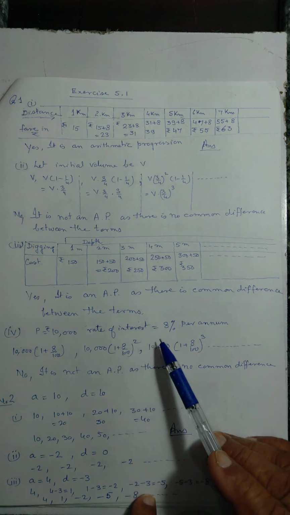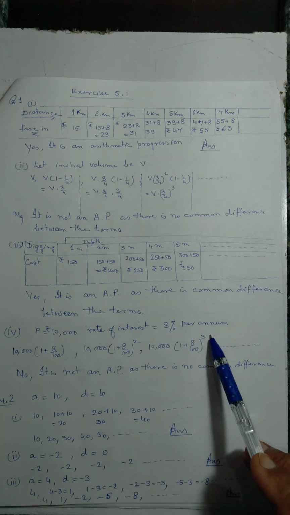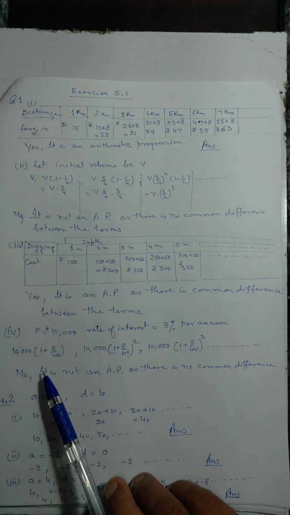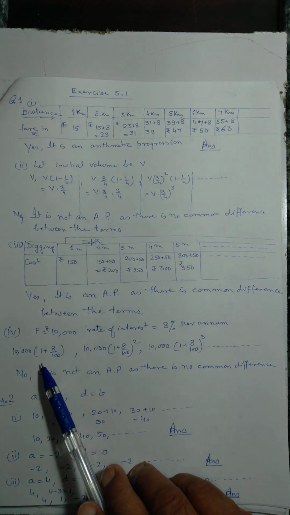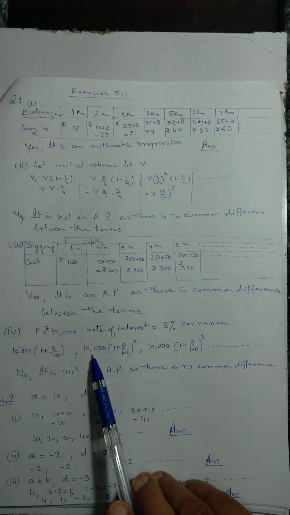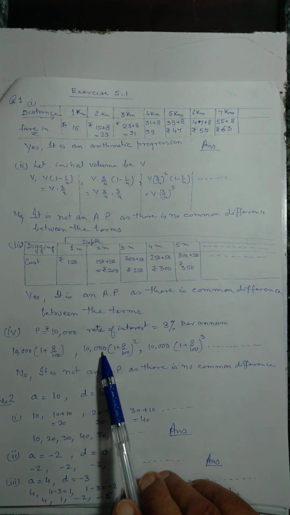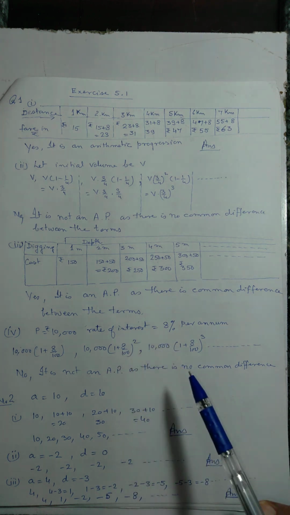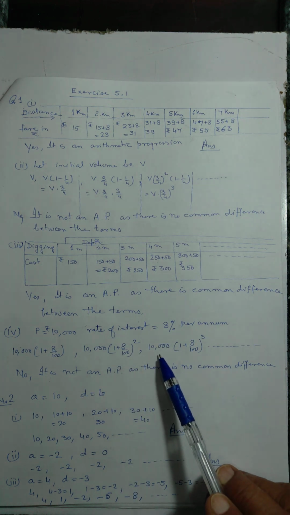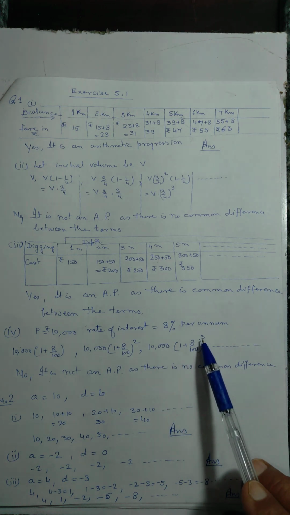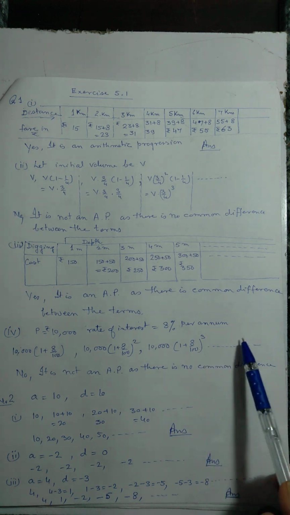The rate of interest is 8% per annum. So for the first year, the amount will be 10,000 into 1 plus 8/100. For the second year, it will be 10,000 into 1 plus 8/100 whole square. For the next year, 10,000 into 1 plus 8/100 whole raised to power 3, and so on.